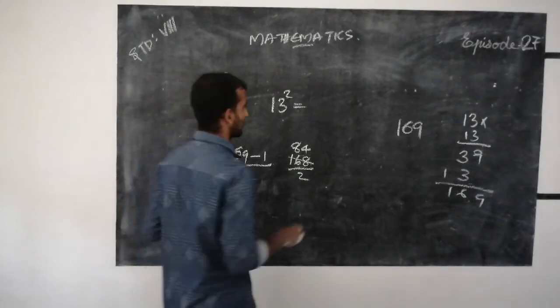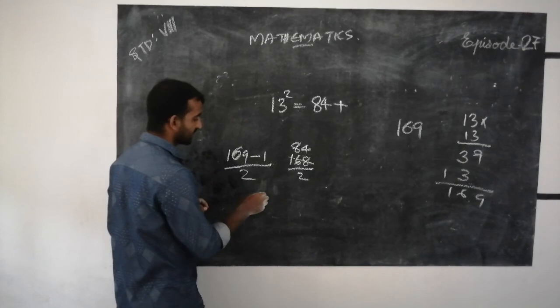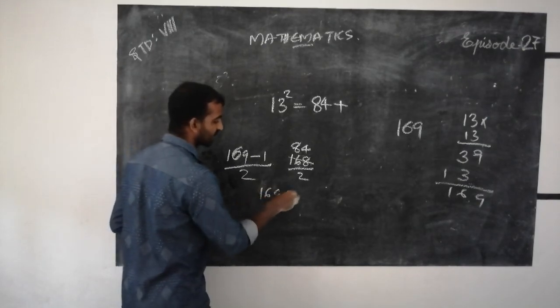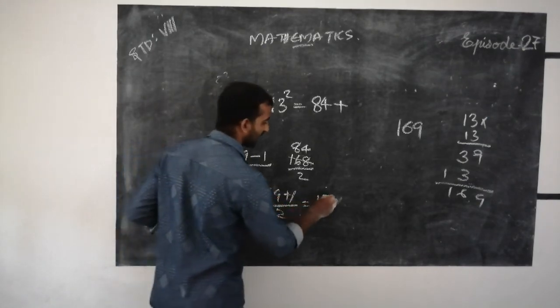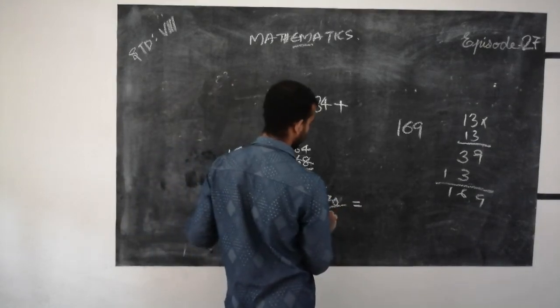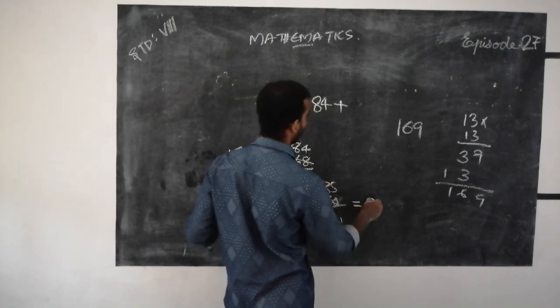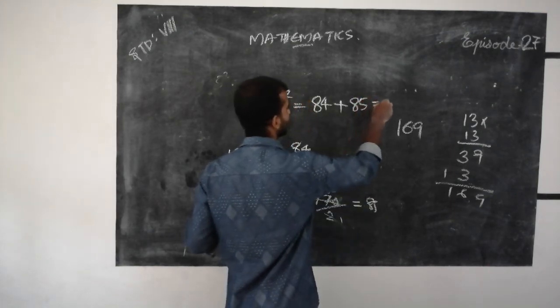Is it? Yes, that is 84 plus, here we get 169 plus 1 all divided by 2, 170 by 2, that is we get 85, that is 85.